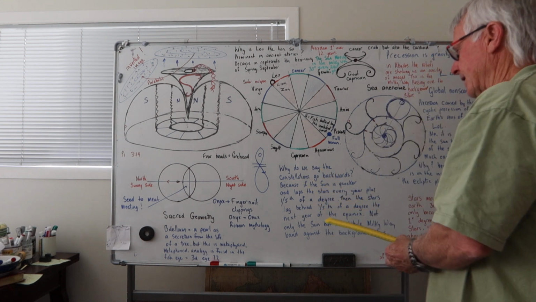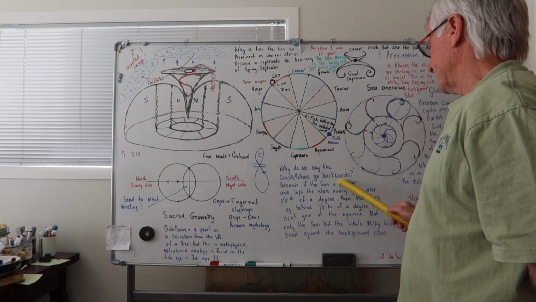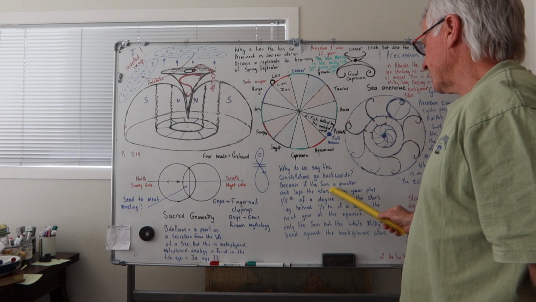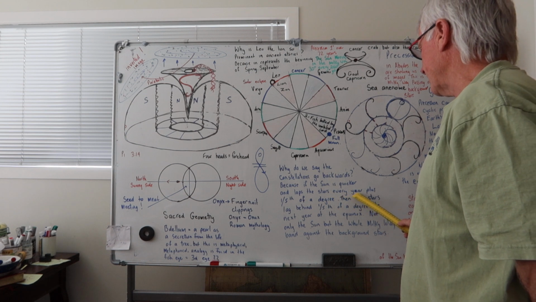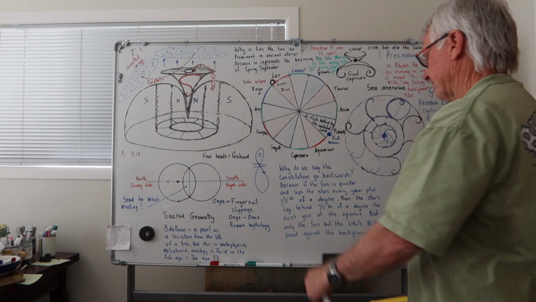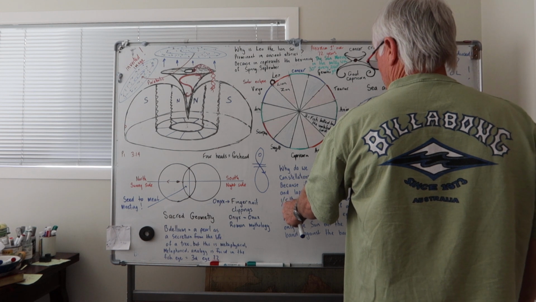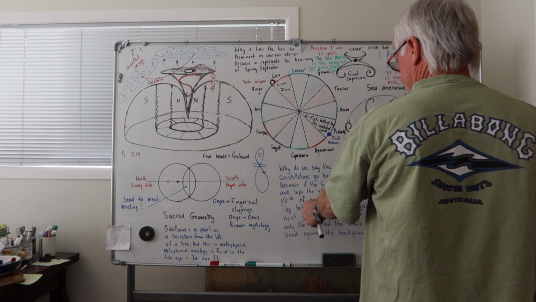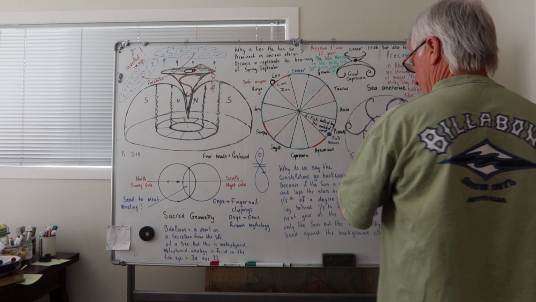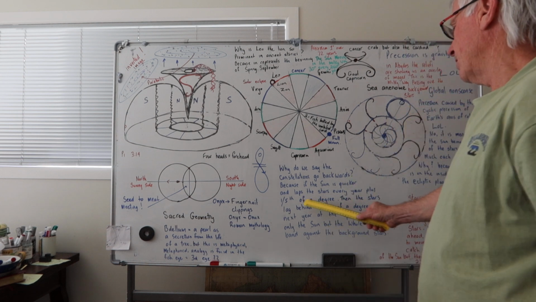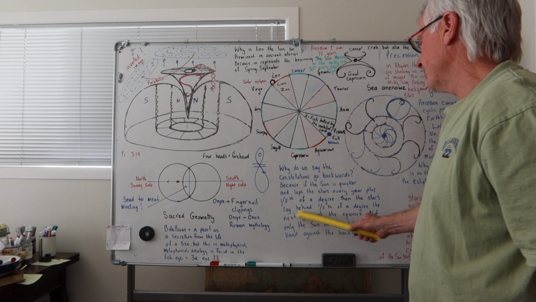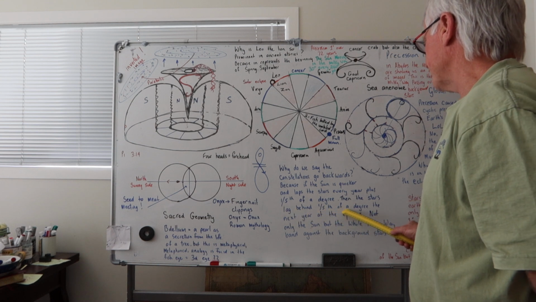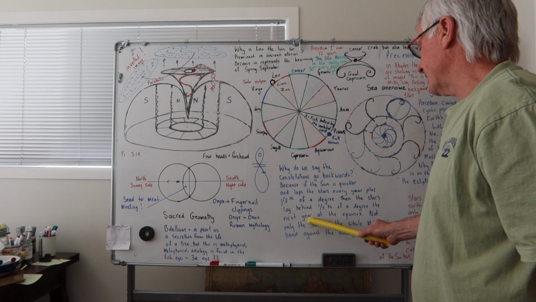Now, why do we say constellations go backwards? Because if the sun is quicker, which it is, and laps the stars every year, plus 1/5 of a degree, is that right? Of a degree, then the stars lag behind 1/5 of a degree the next year.